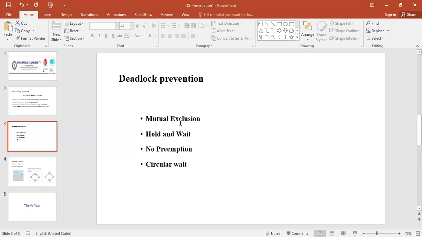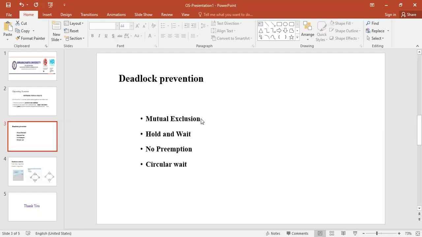Shareable resources, in contrast, do not require mutually exclusive access and thus cannot be involved in deadlock. So through this mechanism, it is not possible to avoid the deadlock. In this case, we can't avoid any deadlock situation.